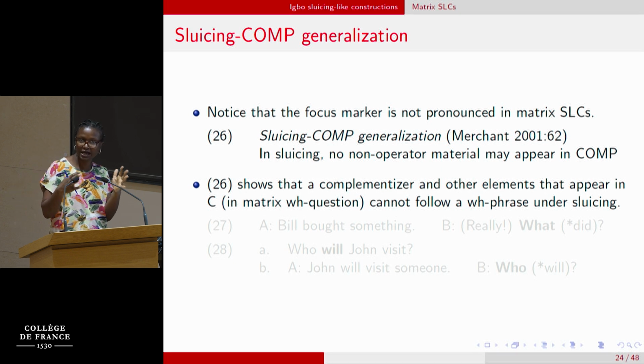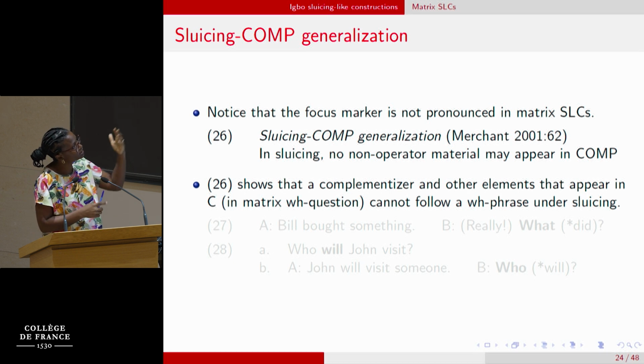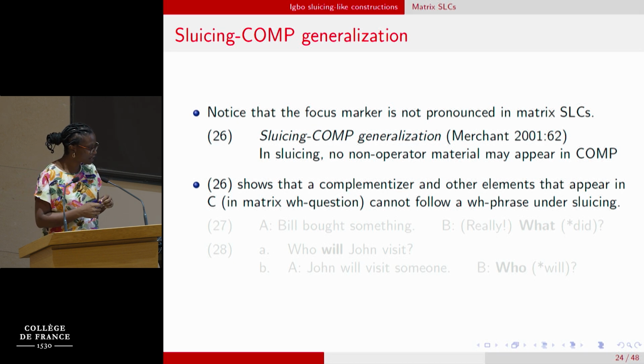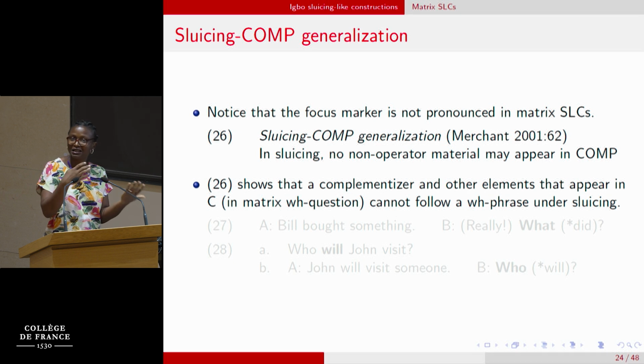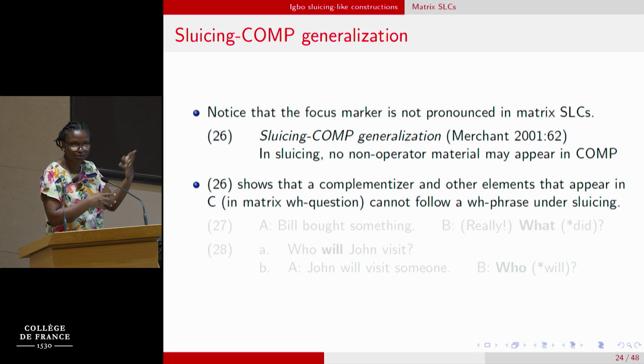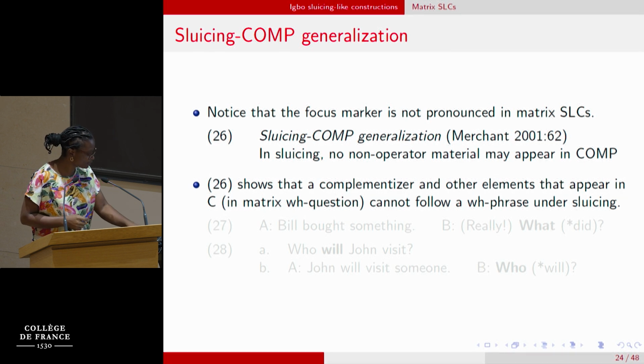So the C, the car element we have here, the focus marker, which is a C element, does not appear. So it seems that Igbo obeys the sluicing comp generalization, unlike languages like Nupe, Tuki and Gungbe, which have been shown to be counterexamples.